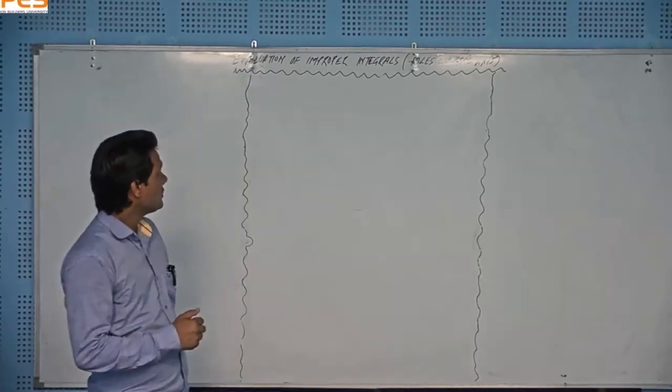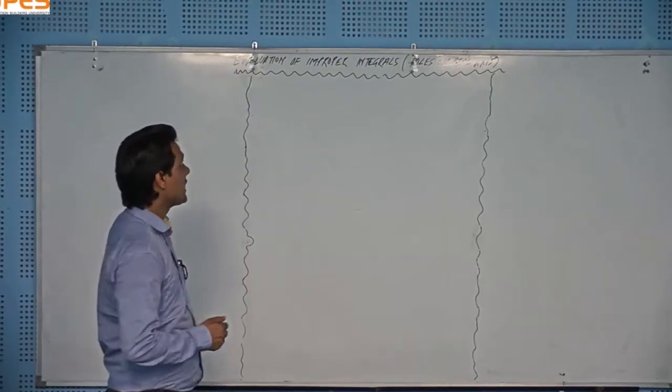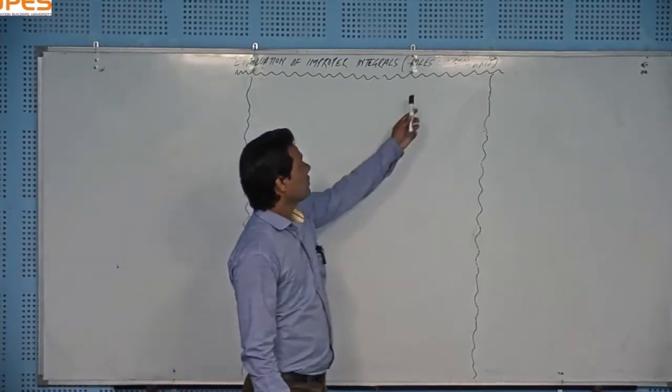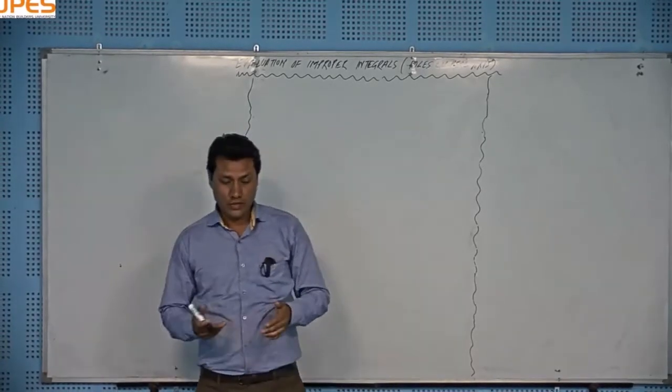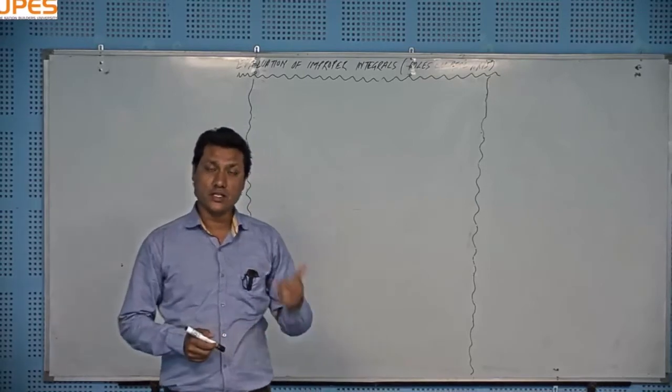In this video we'll continue the topic, but with an extra case when the poles of that rational function lie on the real axis, right? So I will recall what we have done so far in the last two videos.